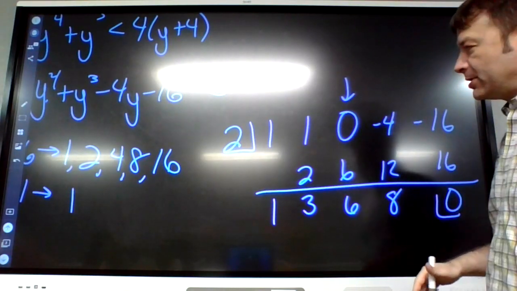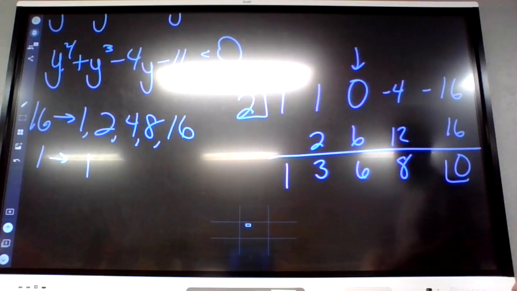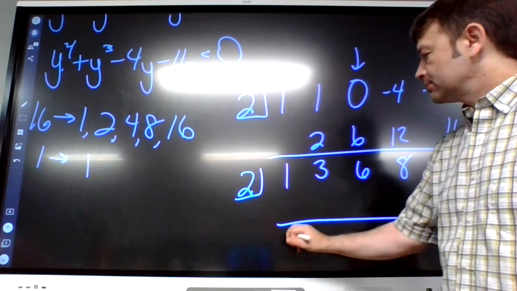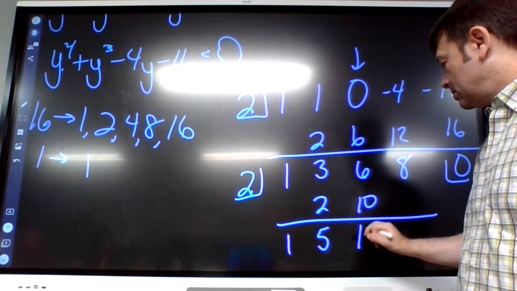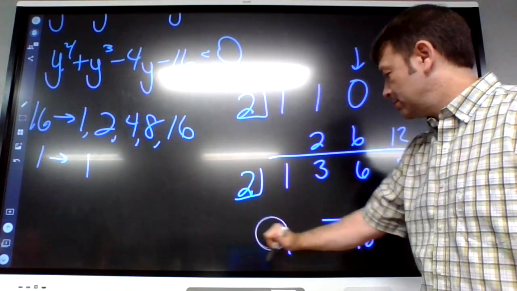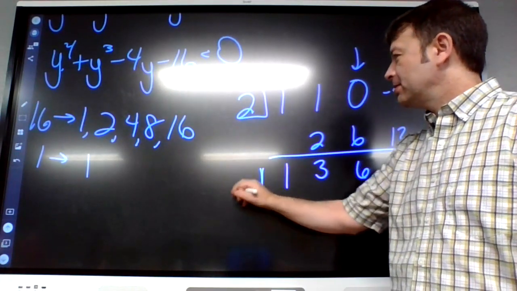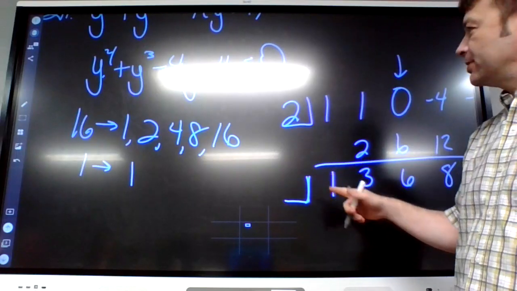Okay, 2 did work. Unfortunately, I need to find something else that works. Is 2 a double root? I'm going to try 2 again. Let's see, maybe negative 2 would work.